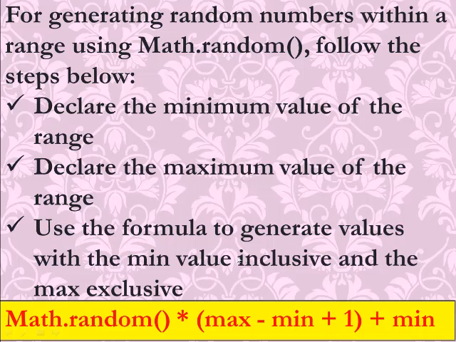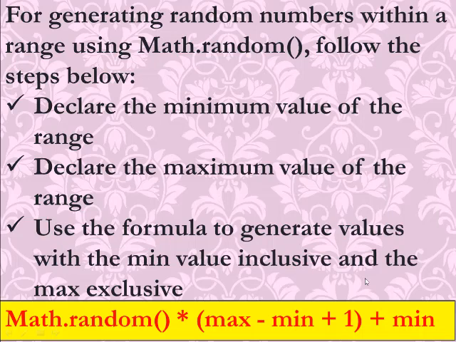So first decide the minimum value and the maximum value. Then use the formula math.random into max minus min plus 1 plus min. If you use this formula with the random function, you will get random numbers between the desired range.